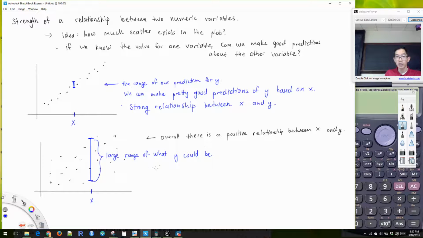So our predictions of y will not be very good here. So as far as the relationship between x and y, we will say we have a weaker relationship between x and y.